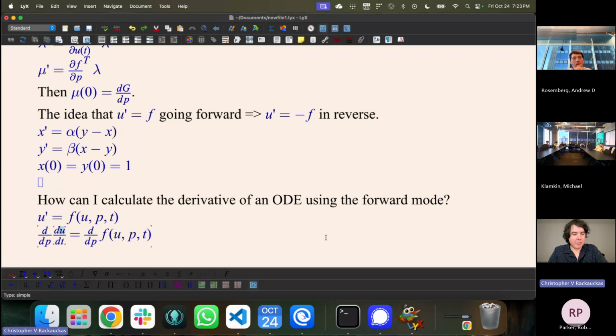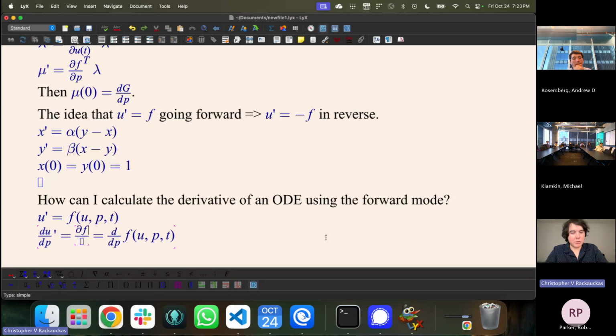Well, first of all, I'm going to swap limits unapologetically because the solutions of ODEs are smooth, right? So if I do that, you see that this is equivalent to d/dt of du/dp. And then I just do the chain rule here.